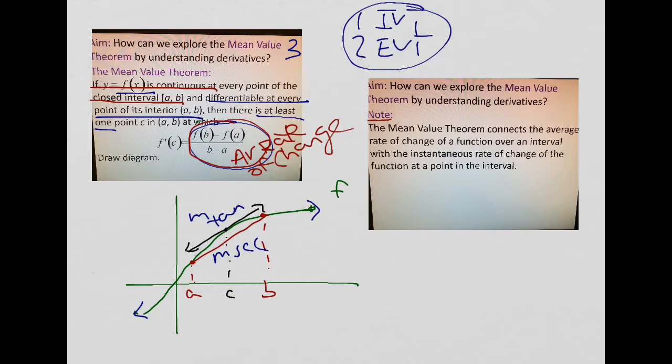It connects that over an interval with the instantaneous rate of change, which is also instantaneous velocity, when you take the first derivative of a function at a point in an interval. It makes that connection. So it's a really cool theorem.